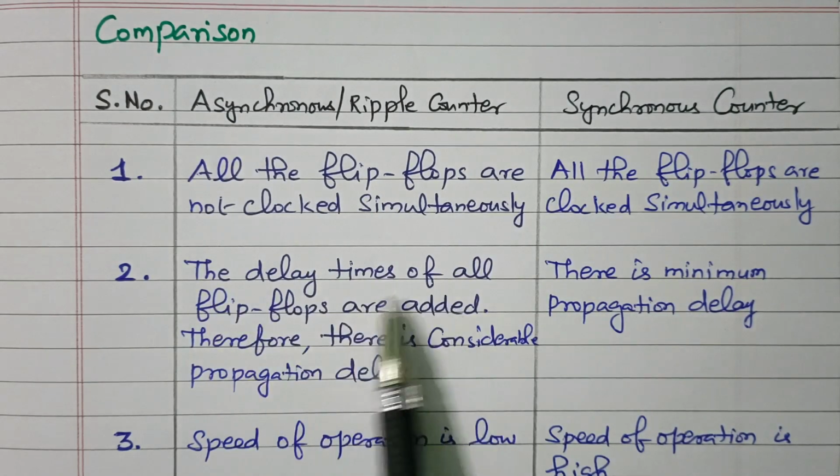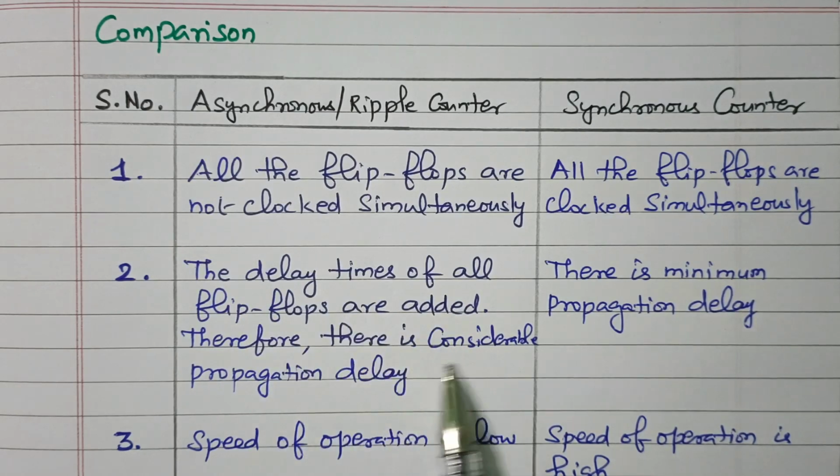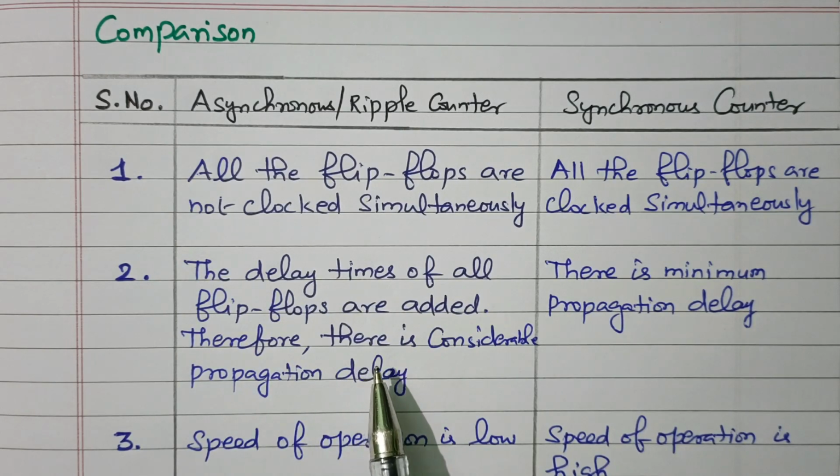In the asynchronous counter, the delay times of all the flip-flops are added. Therefore, there is a considerable propagation delay because the second flip-flop depends upon the output from the first flip-flop, and the third flip-flop depends upon the output from the second flip-flop. All are added together.